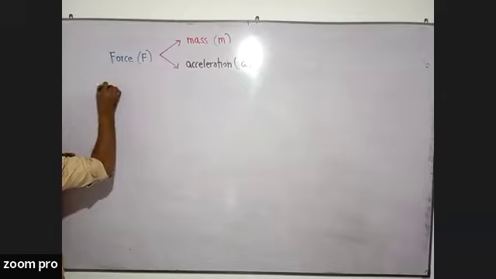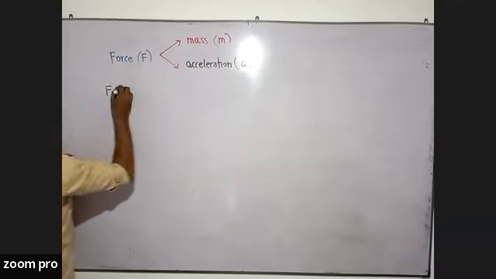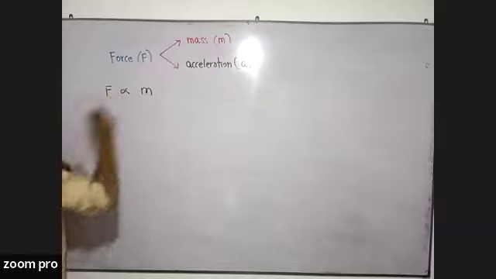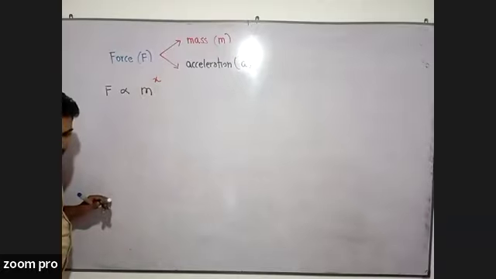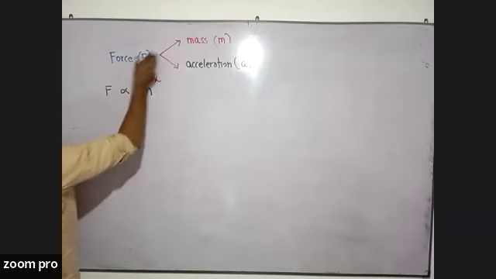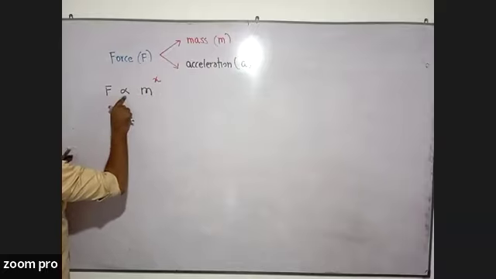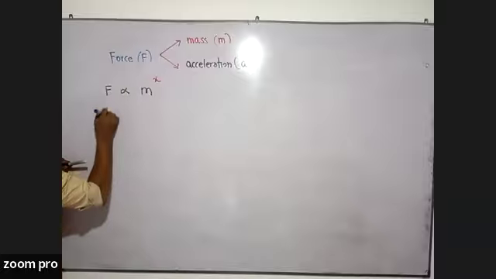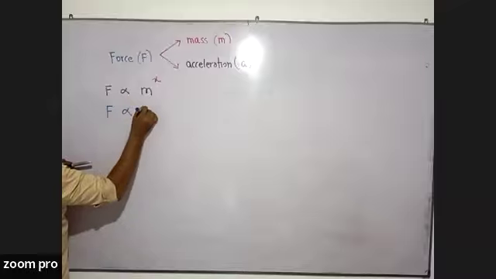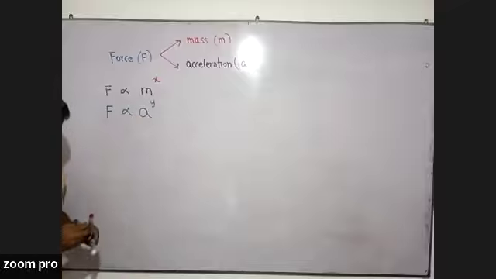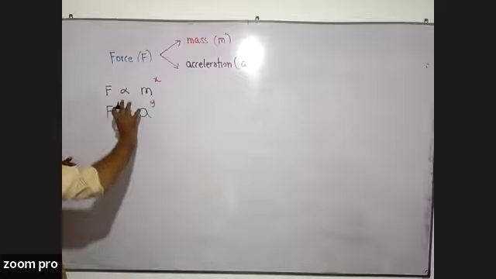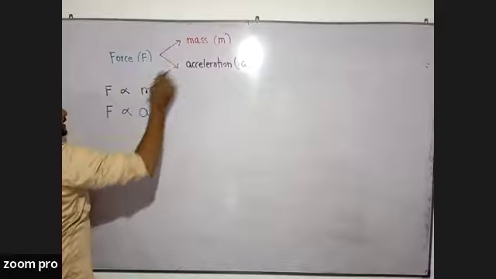The relationship between force and mass can be represented as F proportional to M to the power of X, right? The other one, force and acceleration, can be represented as F proportional to A to the power of Y, right? This is the way we write down the relationship separately between these physical quantities.